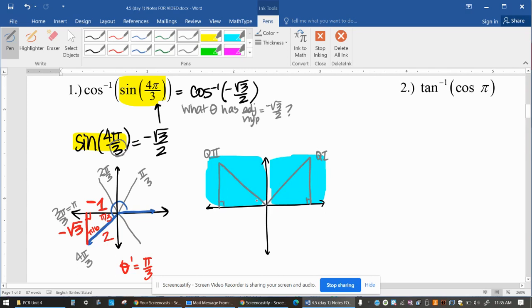So we want to figure out what angle has adjacent over hypotenuse of negative root 3 over 2. Now remember, when you go left from the origin, that side length is going to be negative. So we want negative root 3 over 2. That means the one goes here. So what angle has root 3 adjacent to it? That's 30 degrees. But we're dealing with radians, so that's pi over 6. That means this is 60. Oopsies.